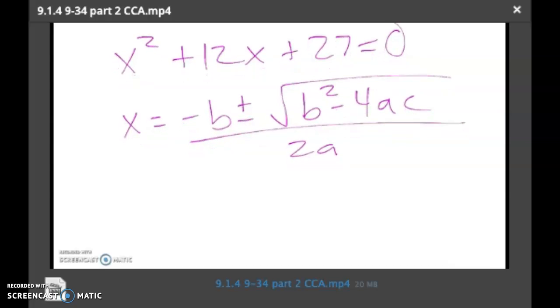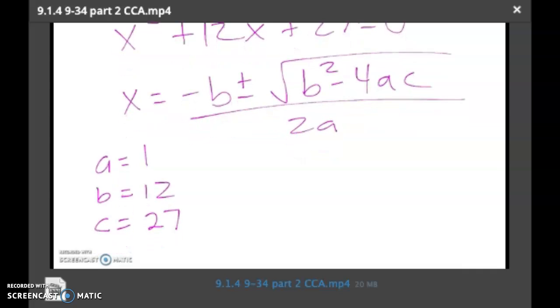All right, and when we do this, it's helpful to write what a, b, and c are equal to. So remember, a is the coefficient in front of your x squared term. So that's a 1, right? There's an imaginary 1 in front of that x squared. We have 12 in front of our x term, and we have 27 ones.